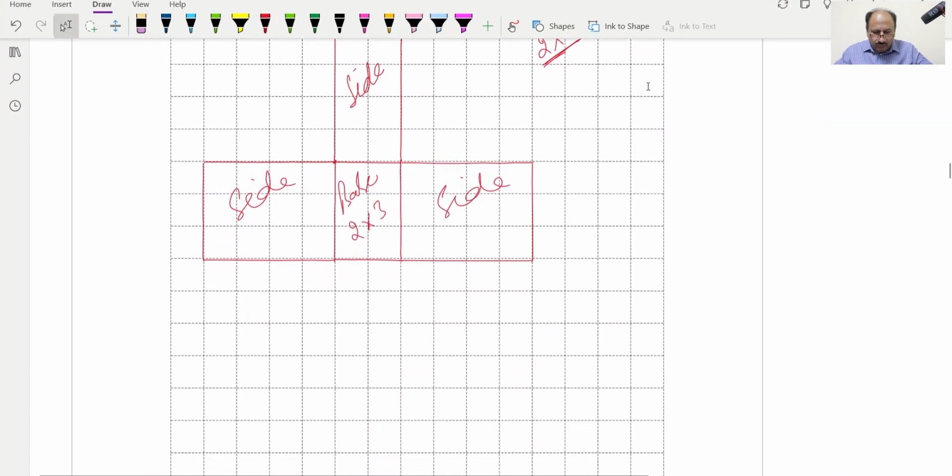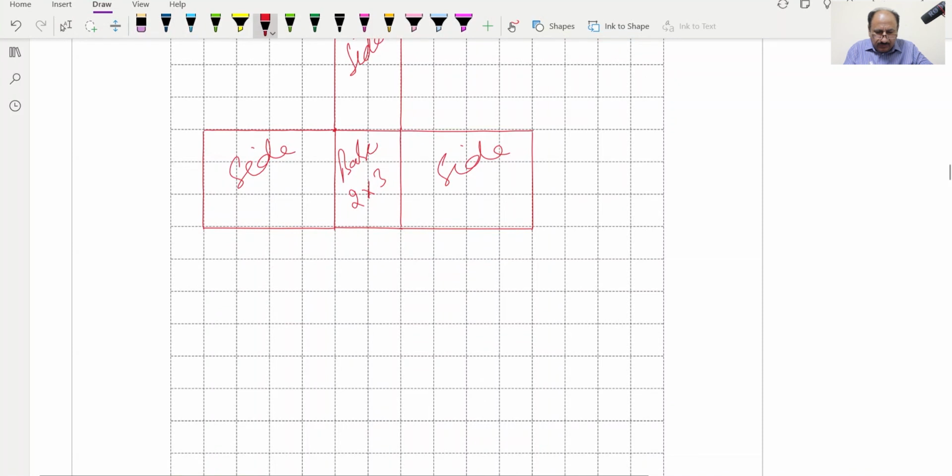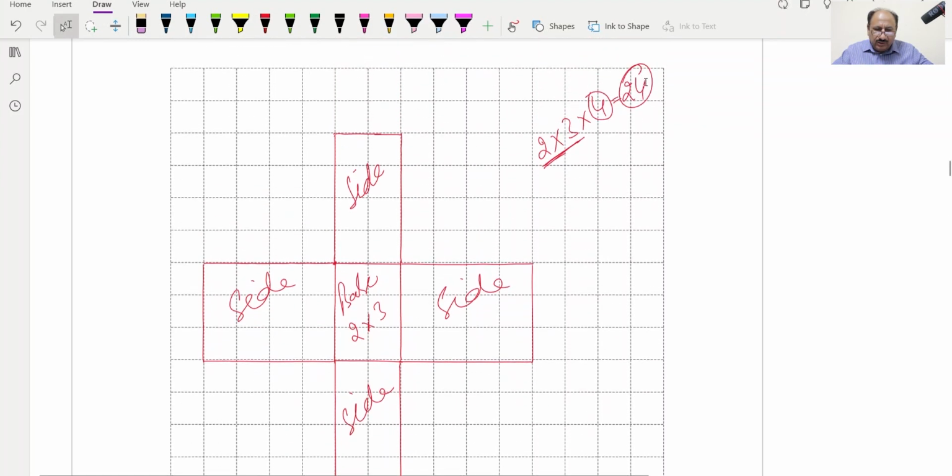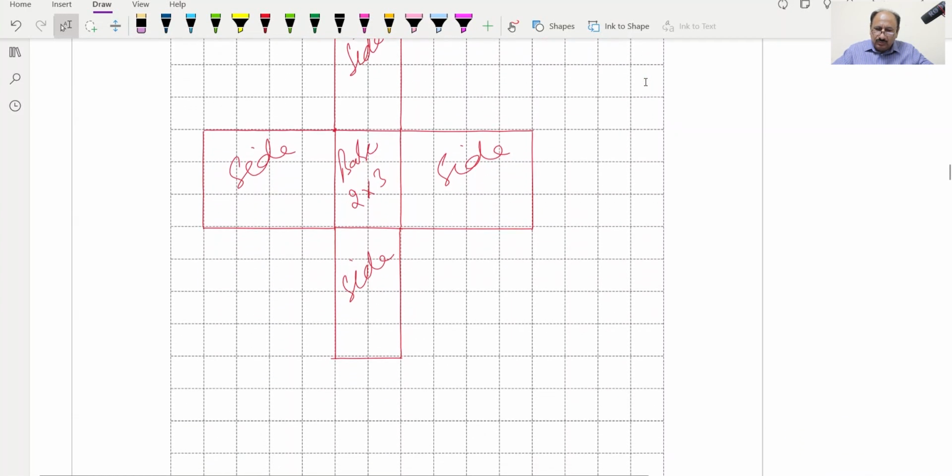Now 4 units will be this side also, and the remaining is top only, so this is side.